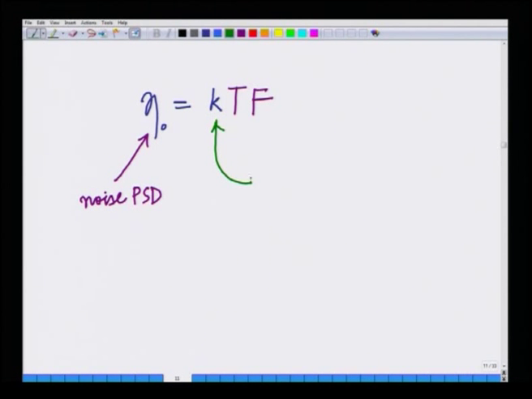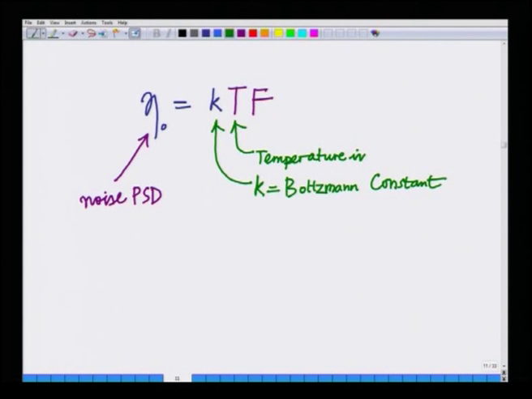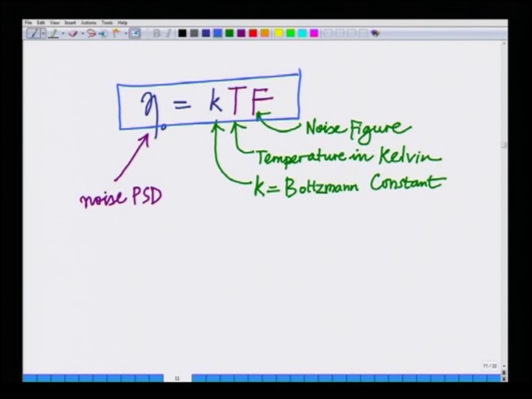On the right, K is the Boltzmann constant, T is the temperature in Kelvin, and F is the noise figure.